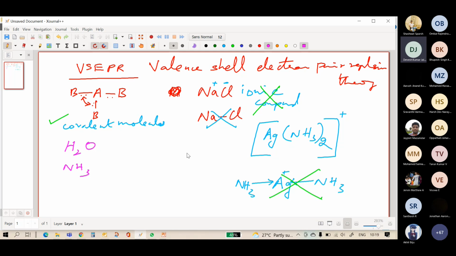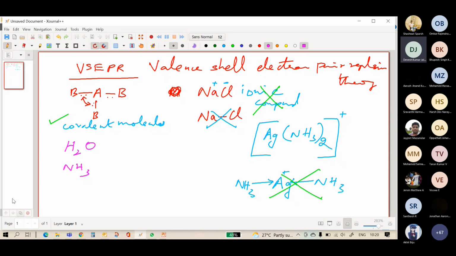Valence shell electron pair repulsion theory tries to predict what arrangement of these electron pairs should happen around a central atom so that the shape is optimized, so that energy is minimized. You have to understand why a bond forms in the first place.